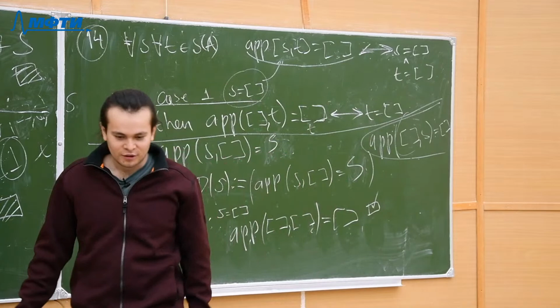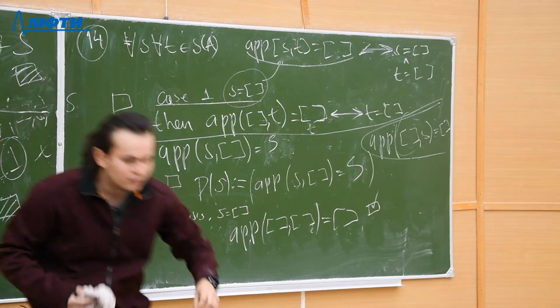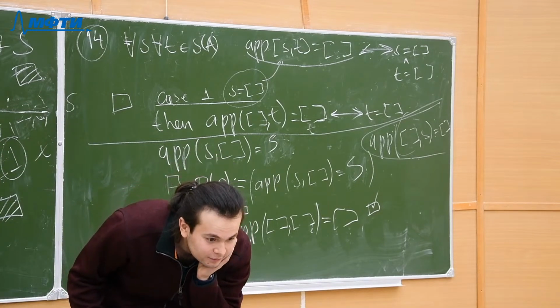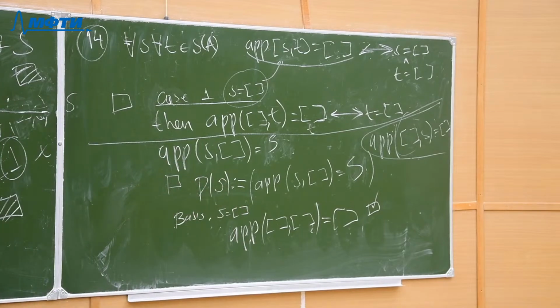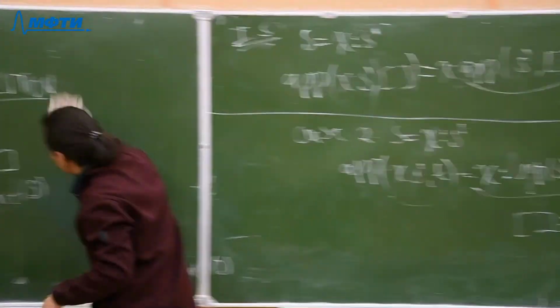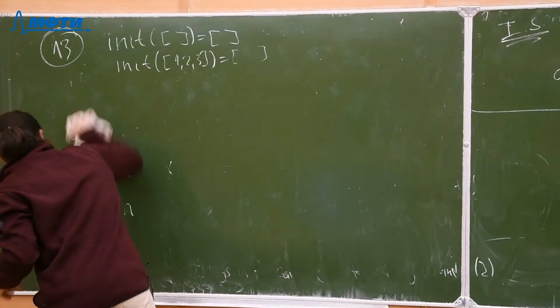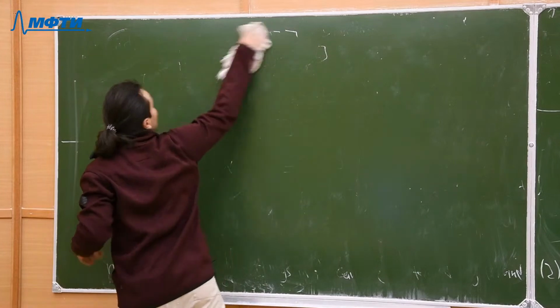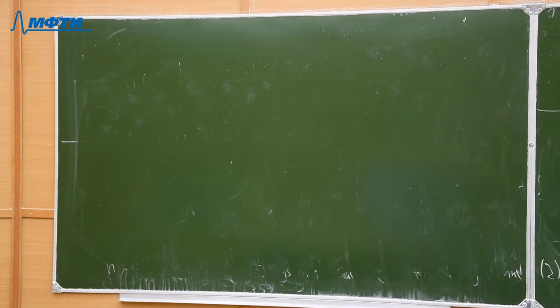Next. Well, almost finished. Exercise 15. I don't know if we have time for 15, but let's try. T must be empty. If S is not empty, then we don't know anything, so this is not possible. It's not possible that S is not empty.